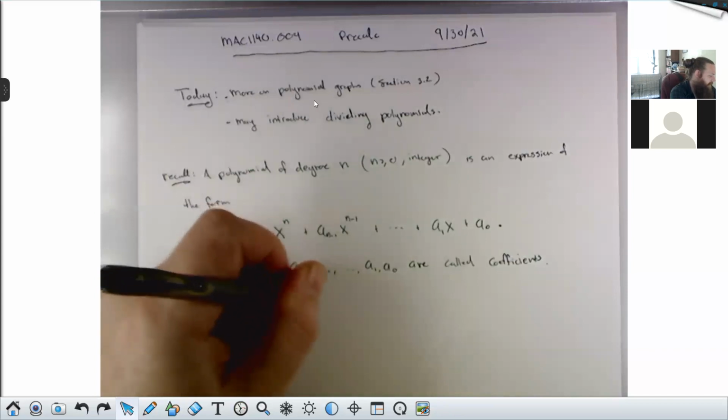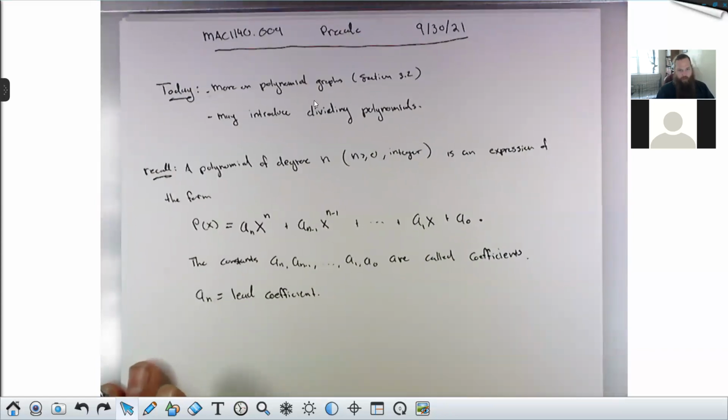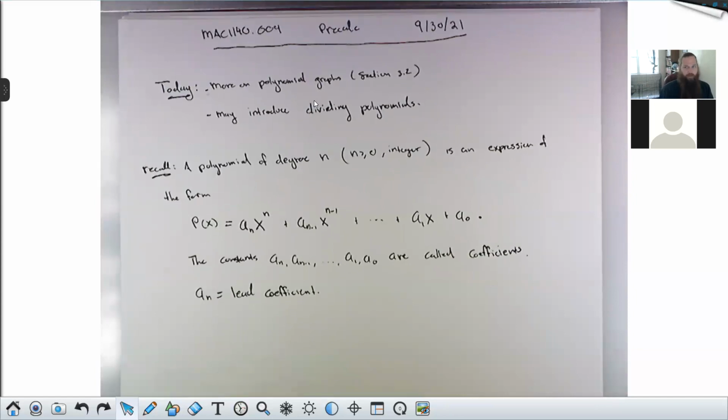We talked about this last time. a_0 is called the constant term. I'm not going to write that down again, but the lead coefficient is going to play an important role in what we're going to learn about first today, which is end behavior.